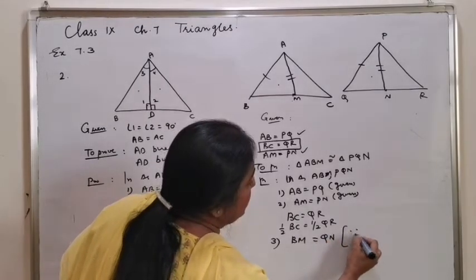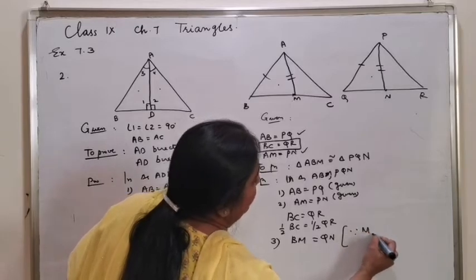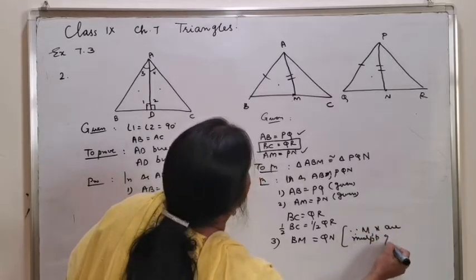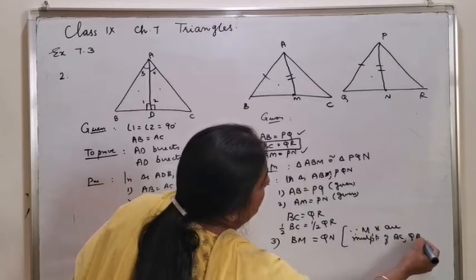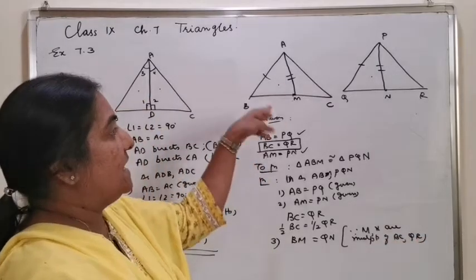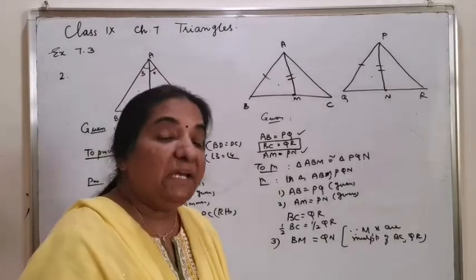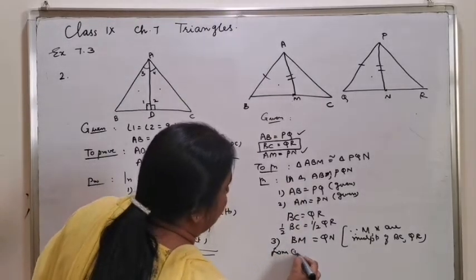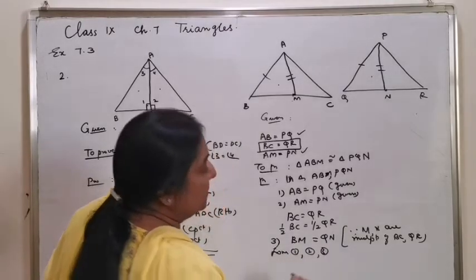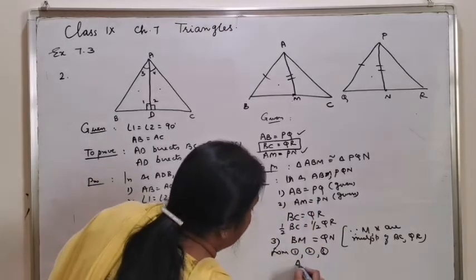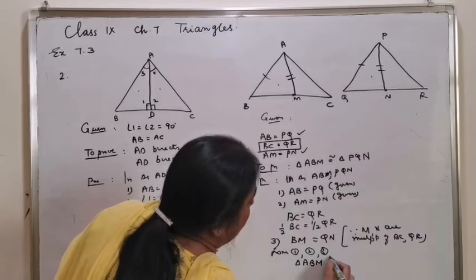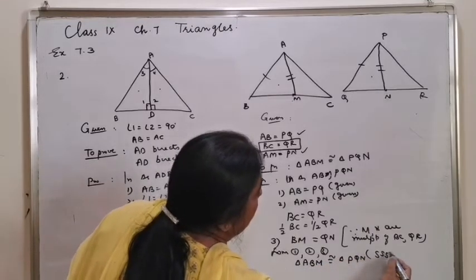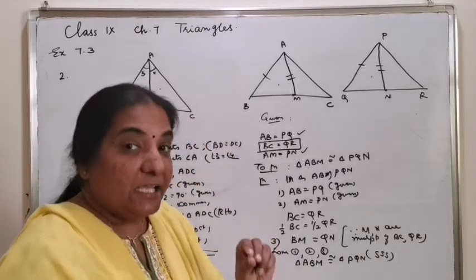Here you write the reason: since M and N are midpoints of BC and QR, or you can write since AM and PN are the medians. And then from 1, 2 and 3, you can prove that triangle ABM is congruent to triangle PQN by SSS criteria.